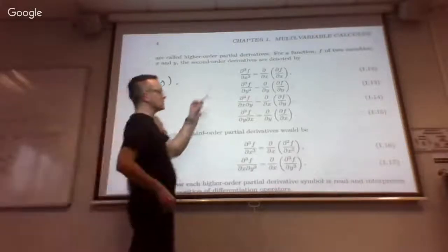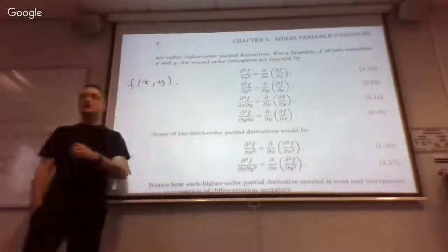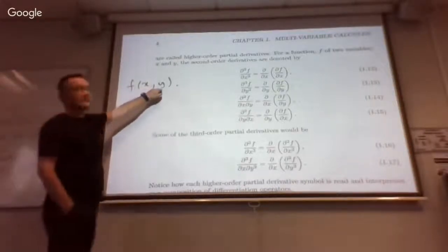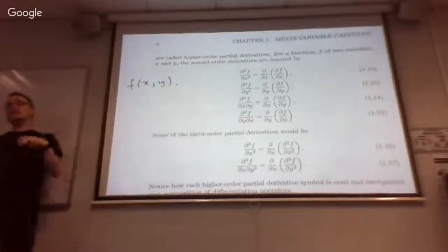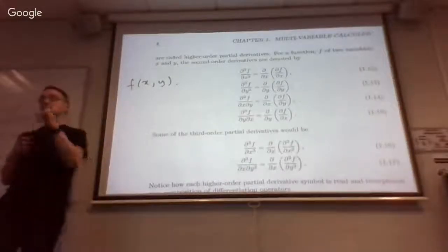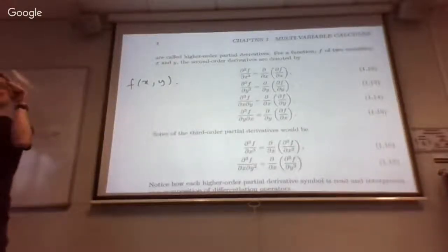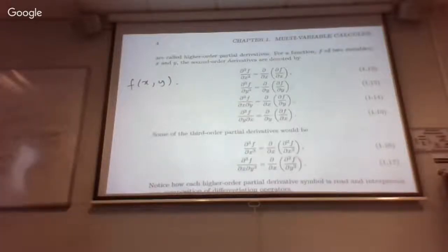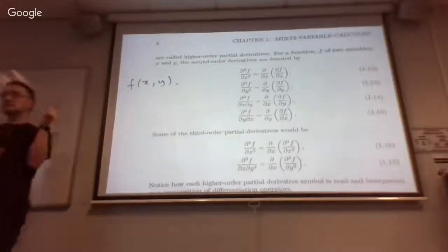It has a total of 4 second order partial derivatives. So a second order partial derivative is where you've taken a partial derivative of a partial derivative. Because there's two variables available, there are 4 different ways to do that. You can either differentiate with respect to x both times. That's one of the 4. Differentiate with respect to y both times. The second of the 4.